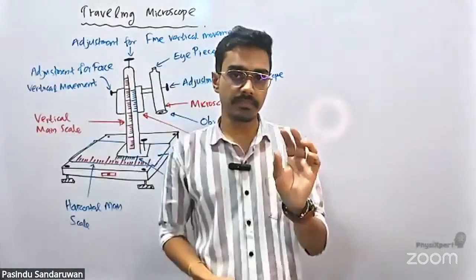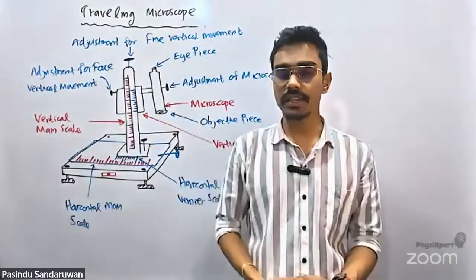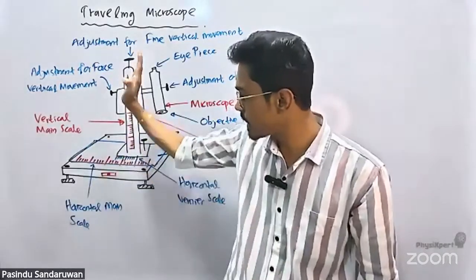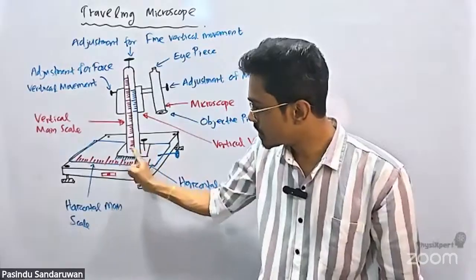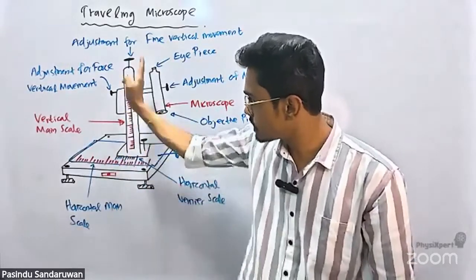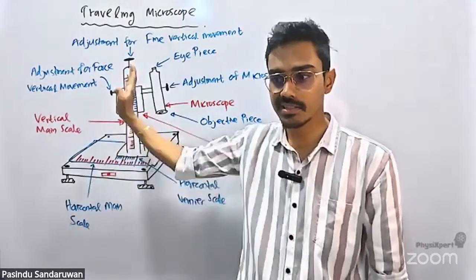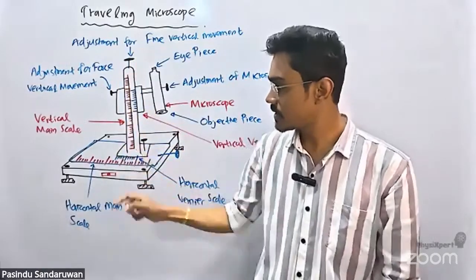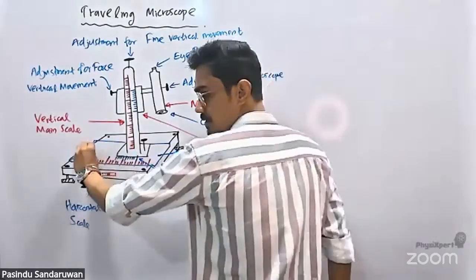The same mechanism is there for the horizontal movement as well. Horizontal movement happens like this. This entire part is like a sand bedding, and it can be moved horizontally from here to here.